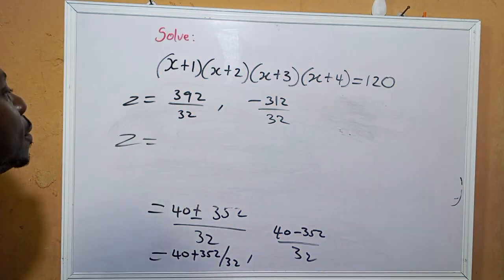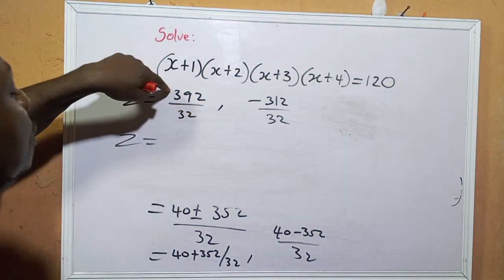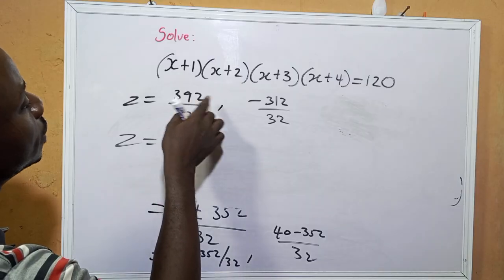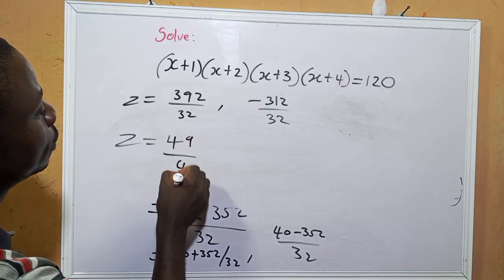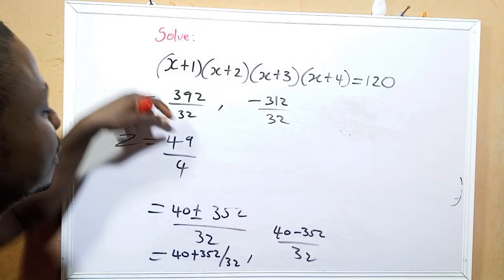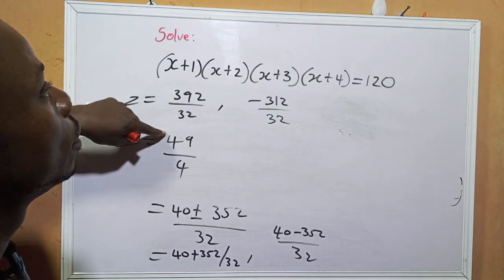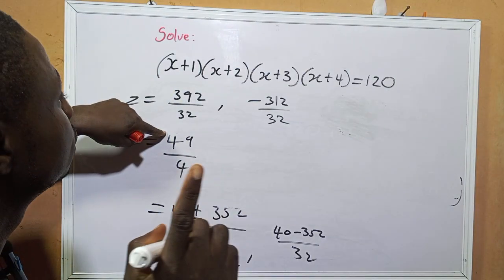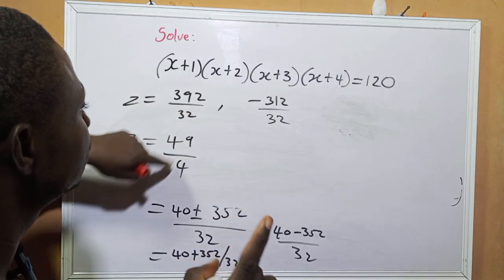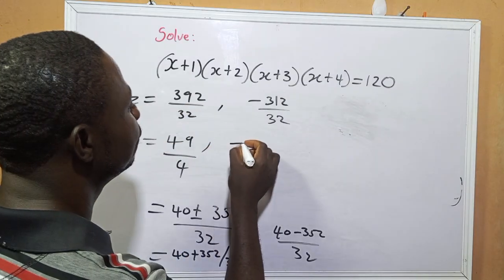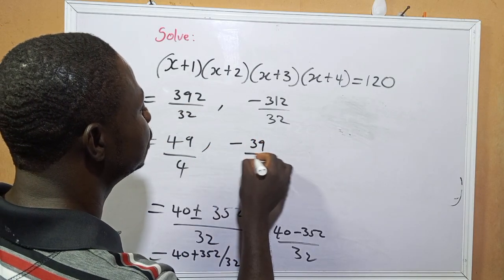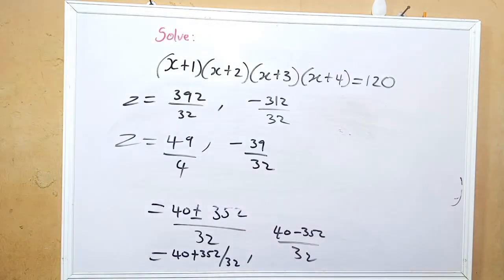Now if you look at it, 8 can go into 392, that's 49, and 8 into 32, that's 4. So 49 over 4. The same thing here, we have minus 39 over 4. That's what we shall have here.